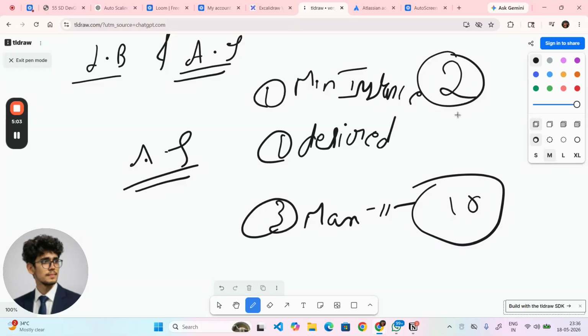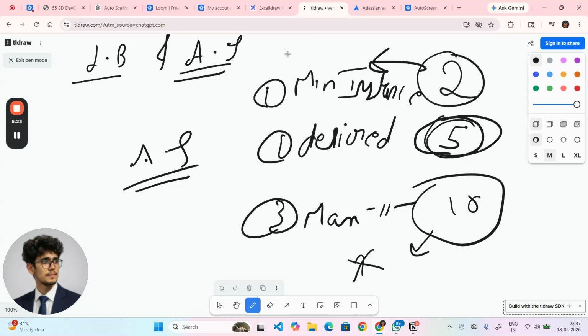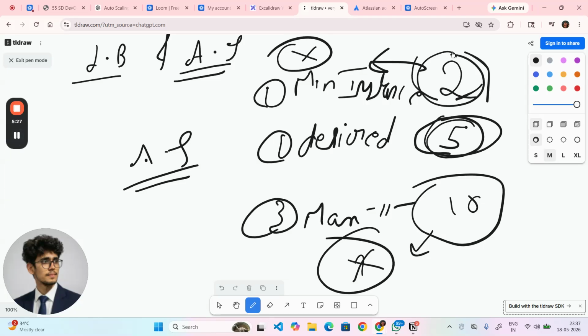So what do you mean by desired? Desired is how many servers you want to use. Suppose, for example, I want 5 servers. So here my desired server value is 5. Which means you can't create more than 10 servers, and you also can't create fewer than 2 servers. Your minimum capacity should be 2, maximum capacity should be 10, and your desired value should be 5.